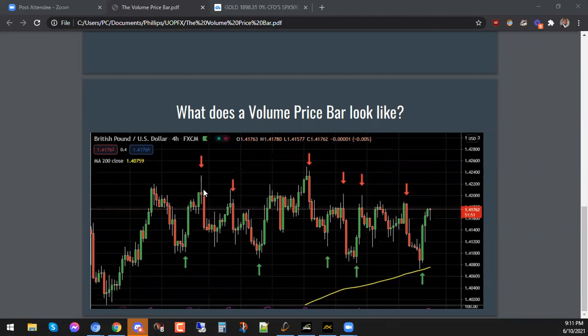So that's also something that we need to pay attention to, these wicks. These wicks are also very important when looking at a volume price bar. So it's not just the body of the candle that we need to pay attention to based on the time frame that we're on. We need to also look at the wick of the candle. Okay, so a long wick on a lower time frame is a long green candle. Sorry, a long red candle.